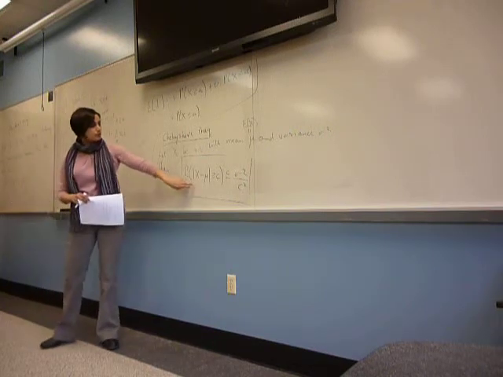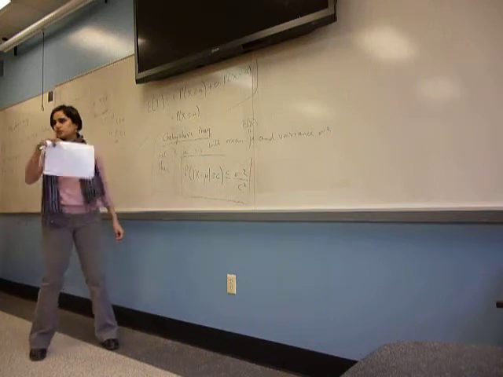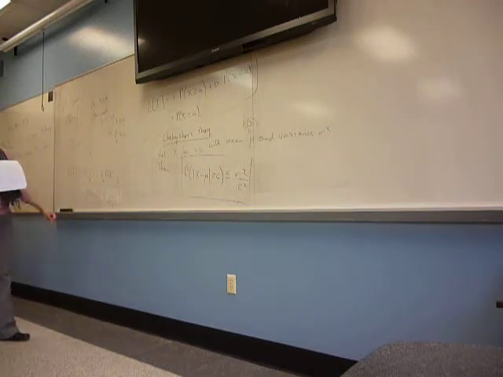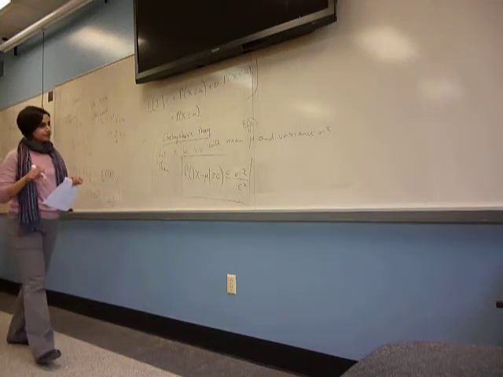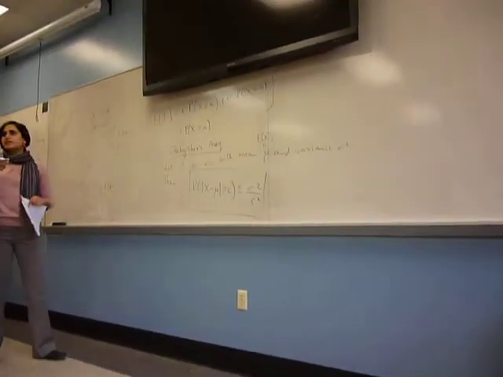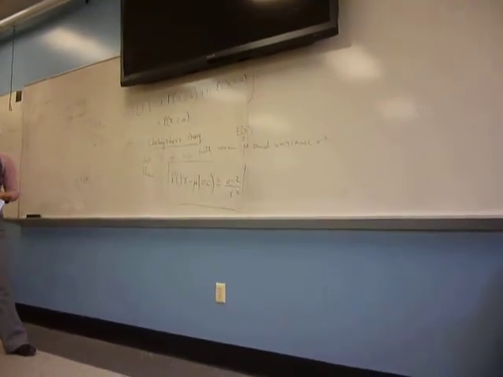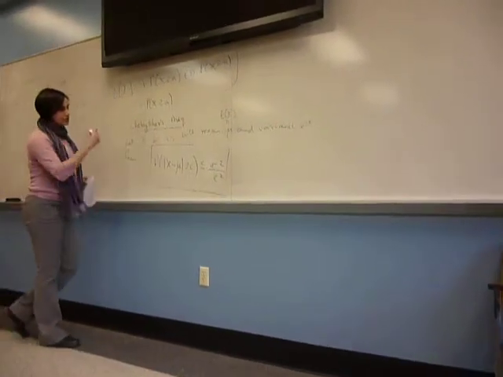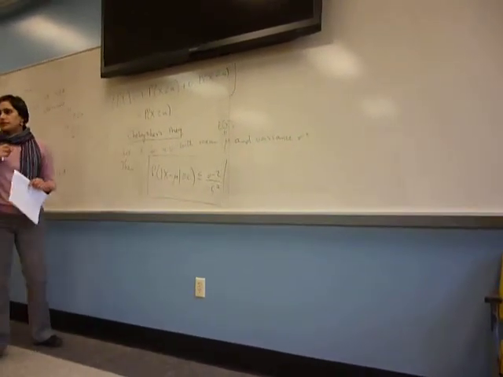In fact, we will use Chebyshev's inequality to prove what's called the weak law of large numbers. There are two very important theorems in probability. One is the central limit theorem, the other is the law of large numbers. And you need Chebyshev's inequality to prove the law of large numbers.